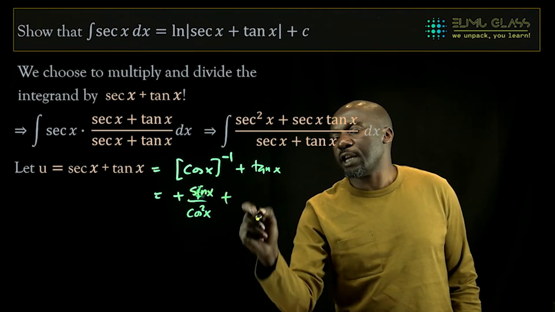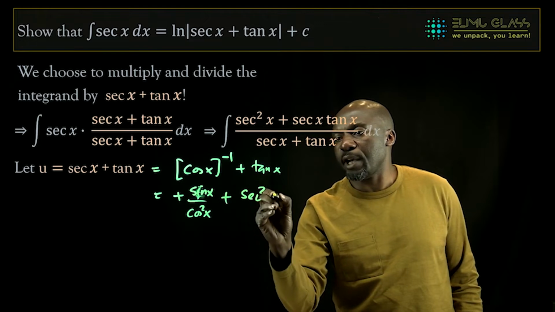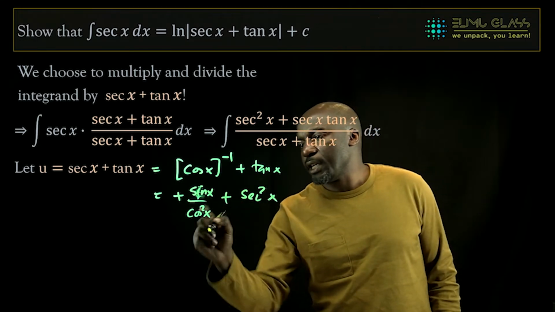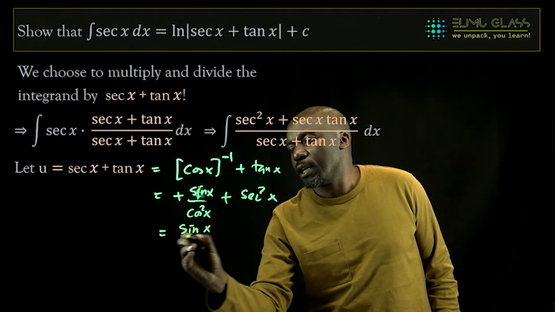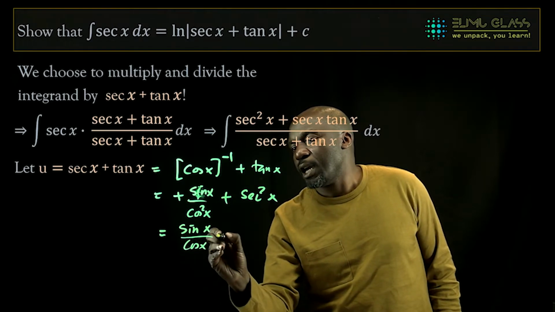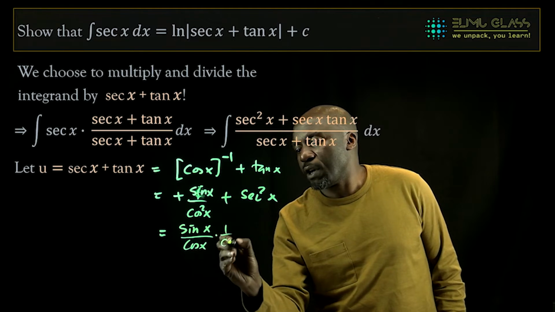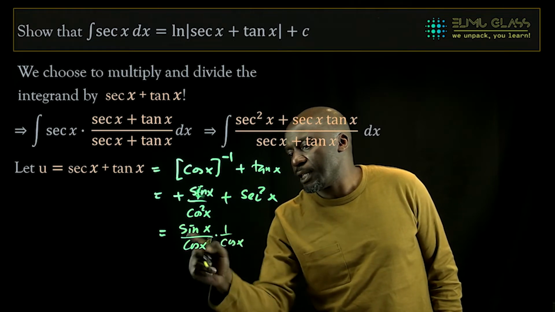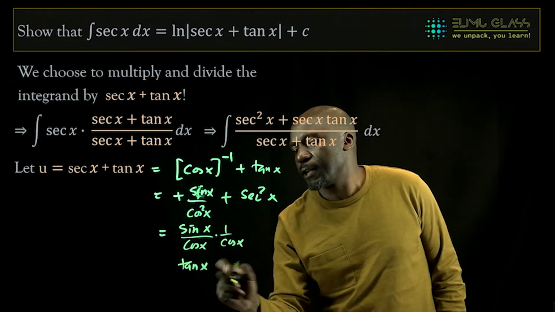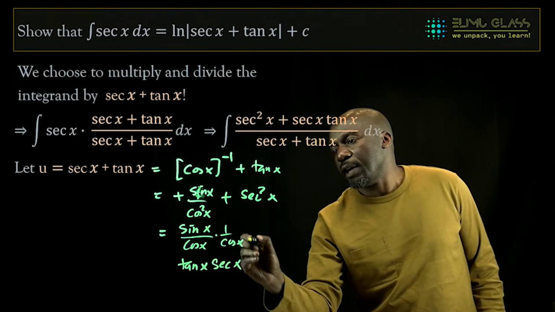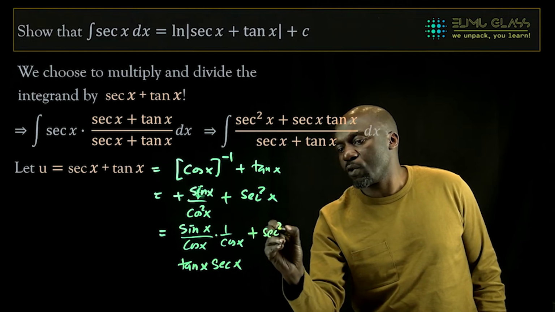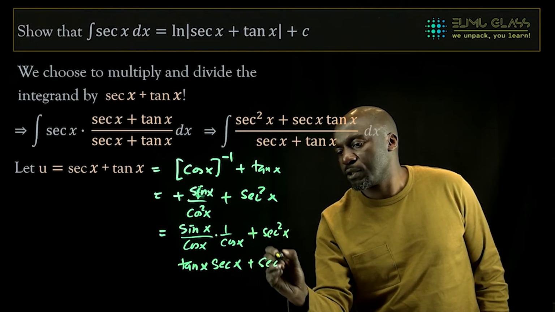Plus the derivative of tan, which is sec squared of x. Here I can split this up the way we did previously, and I write this as sine of x over cos of x, and multiply by 1 over cos of x. Clearly this here is tan of x, and this is sec of x, right? And then we have plus sec squared of x.